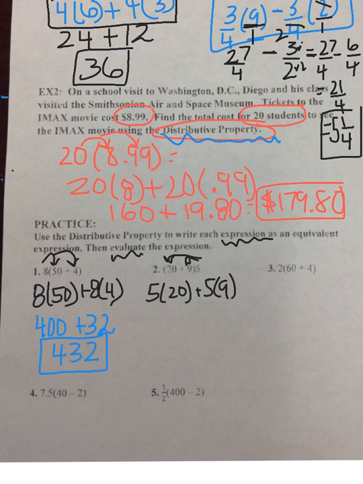And then going back to evaluating, I want to find the answer now. 5 times 20 is 100, and 5 times 9 is 45, and 100 plus 45 is 145. Go ahead and do number 3, 4, and 5 on your own, and we will check them tomorrow in class.